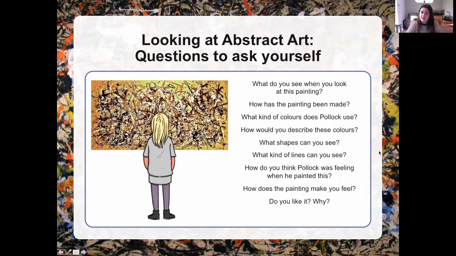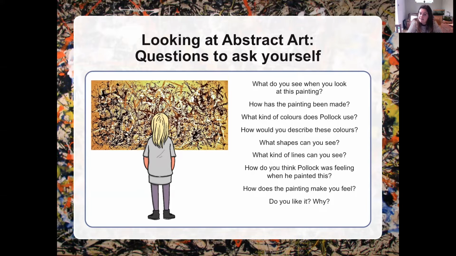So when you look at a piece of abstract art, the piece of art where you are having to try and work out what the artist wants you to feel or wants you to see, we need to think about these questions. So for example, looking at this piece of his work here, first of all, what do you see when you look at this painting? Because the way that every one of us interprets art can be very different. What you see in that picture might be different to what I see and to what Pollock wanted you to see. And this is why we call it abstract.